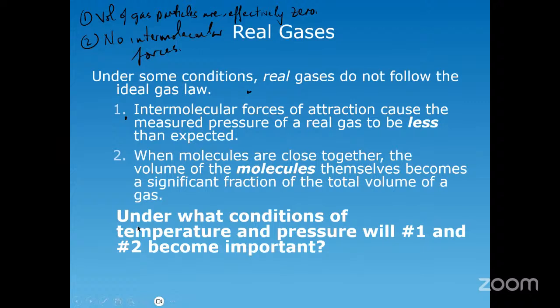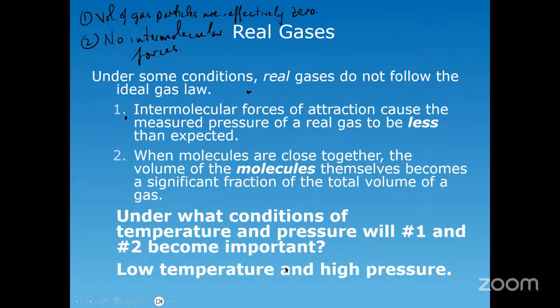So as stated here, the question being asked is, under what conditions of temperature and pressure will number one and number two be important? All right, and the answer is under the conditions of low temperature and high pressure. So if the temperature is low and if the pressure is high, then the behavior of gases will become less ideal or more real, if you want to look at it that way.